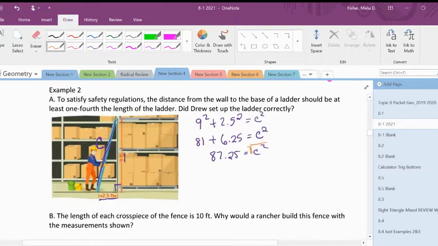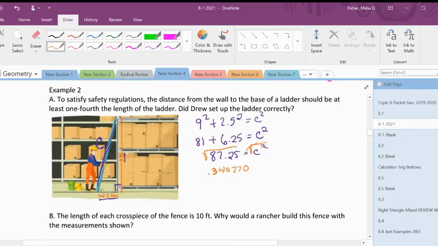Take the square root of both sides of the equation to get rid of the c squared piece. And because we're already dealing with a decimal, we're going to go ahead and just punch this into the calculator and get a decimal number. And it comes out to be 9.340770. It goes on.